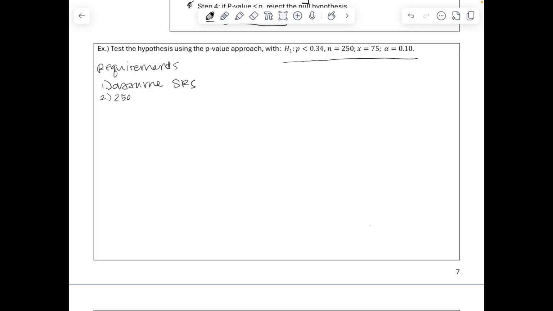We have 250 trials. We're going to assume that they are independent trials. We have a fixed probability, which is 75 over 250. When you divide this, you get 0.3. And then the last thing is that we have two outcomes.